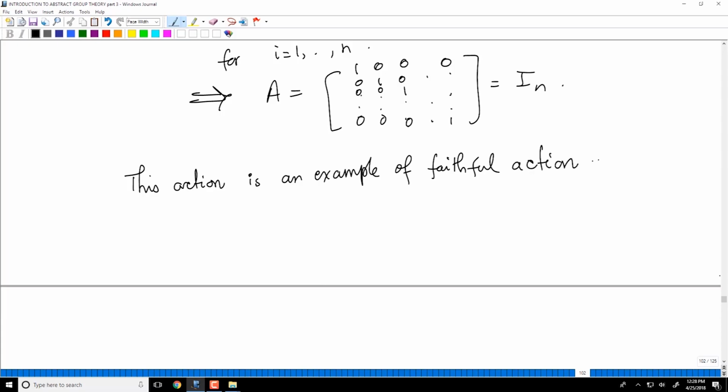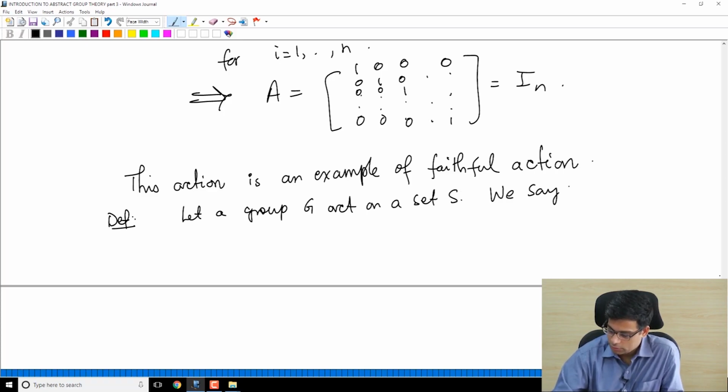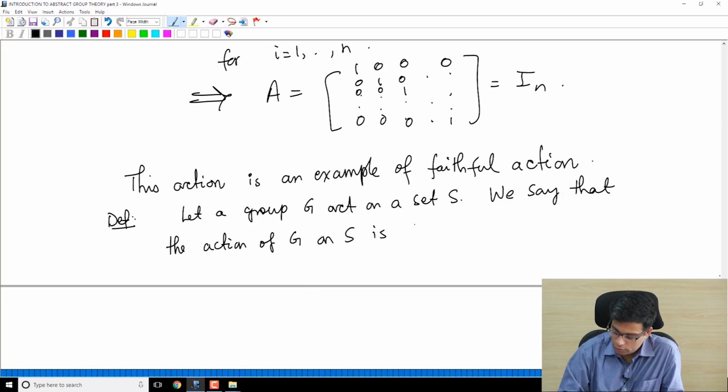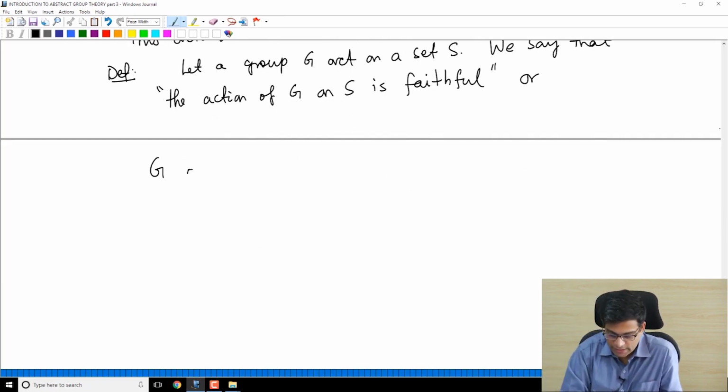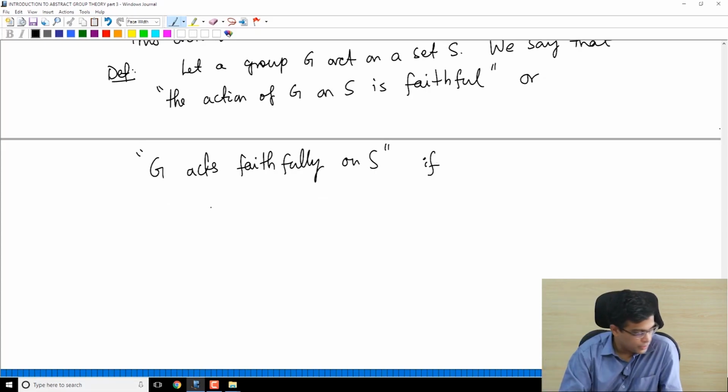Okay, so I will define this now, which I have not defined earlier. Definition: let a group G act on a set S. We say that the action of G on S is faithful, or sometimes we say G acts faithfully on S, if G is an element such that gs equals s for all s in S implies that g is identity.